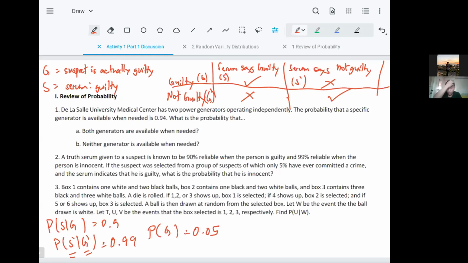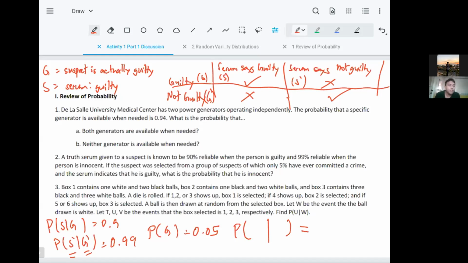Now, we only have one question here. Ano yan? What's the probability that he's innocent if the serum indicates that he is guilty? So we're looking for P of what? Alam mo ng conditional yan. What's the probability that he's innocent?